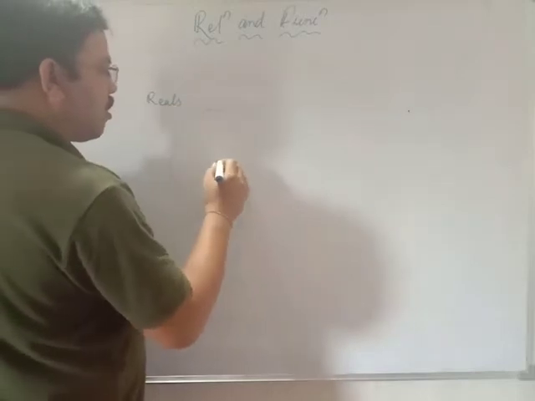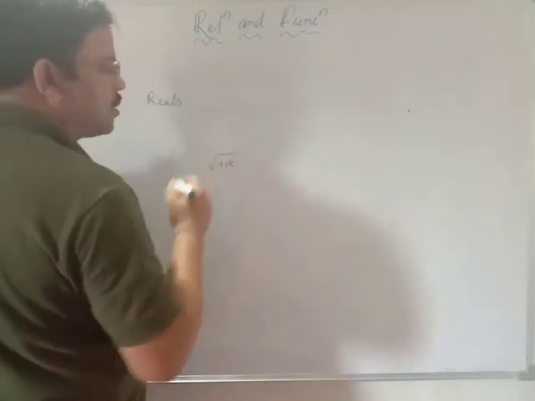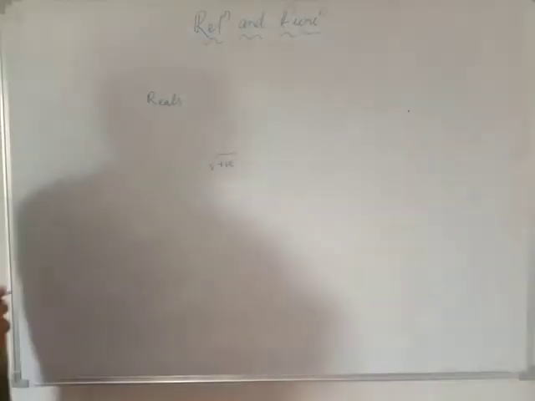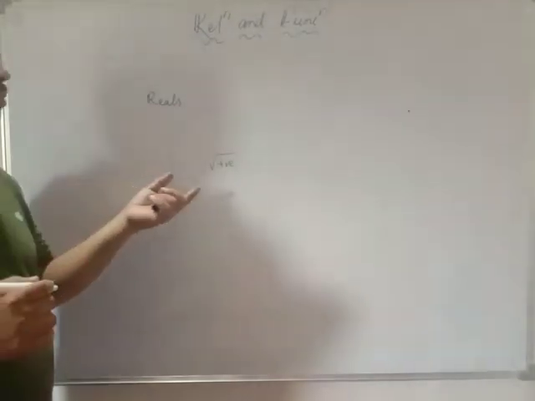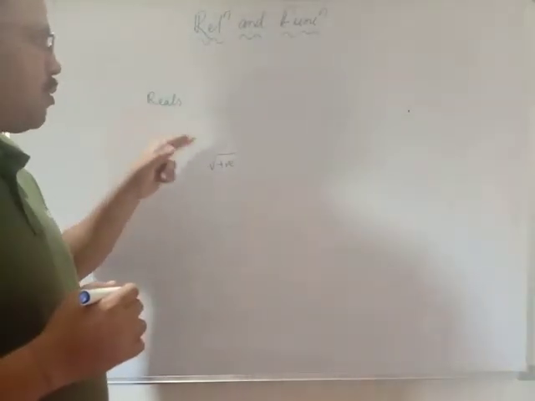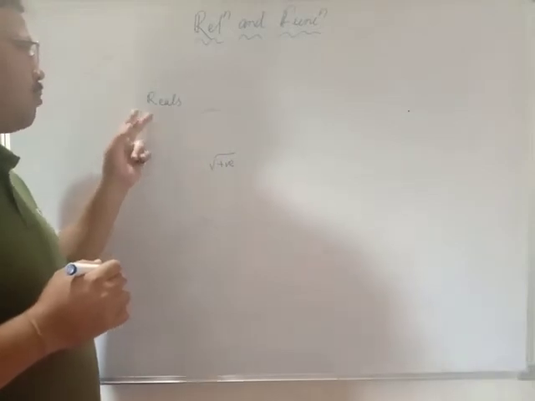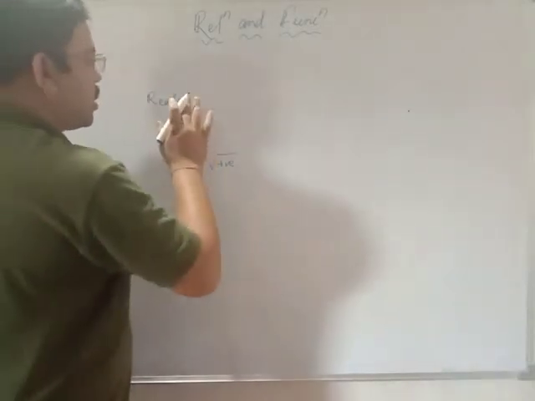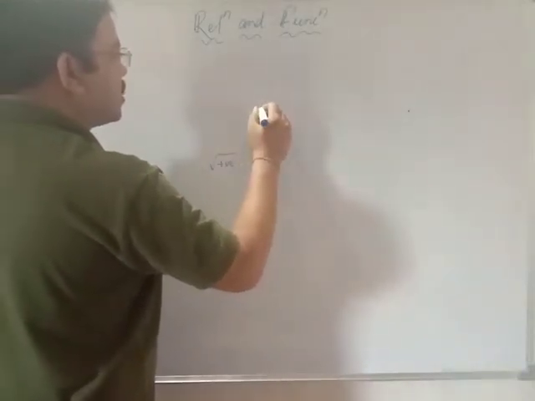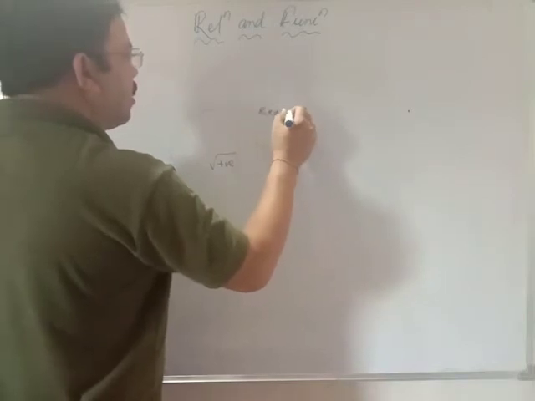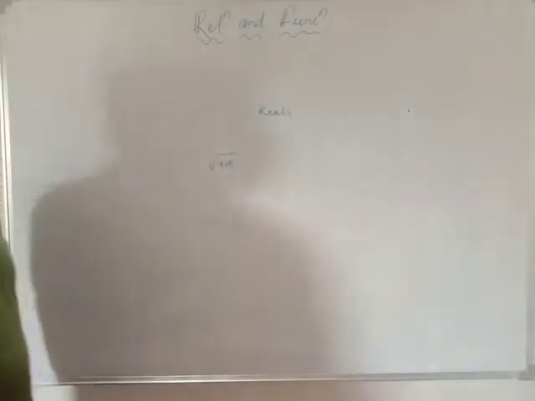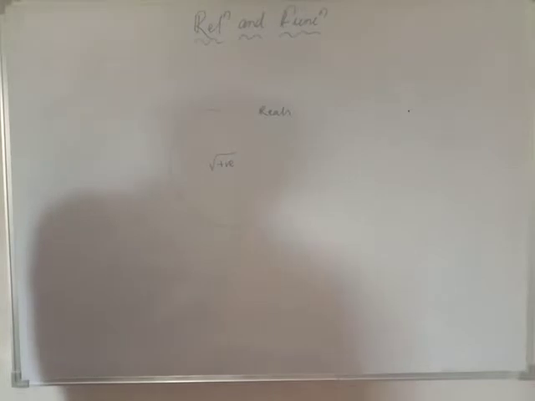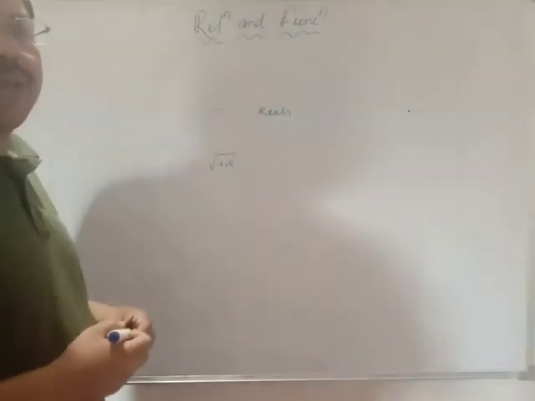This is the square root of all positive numbers. Take any positive number and find its square root, and it will definitely be a real number. So this is the set of reals. But what about the square root of negative numbers?